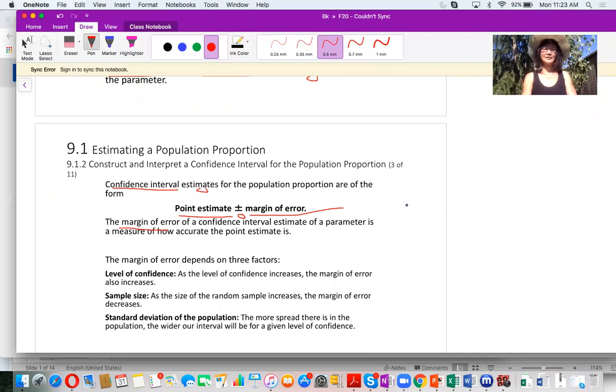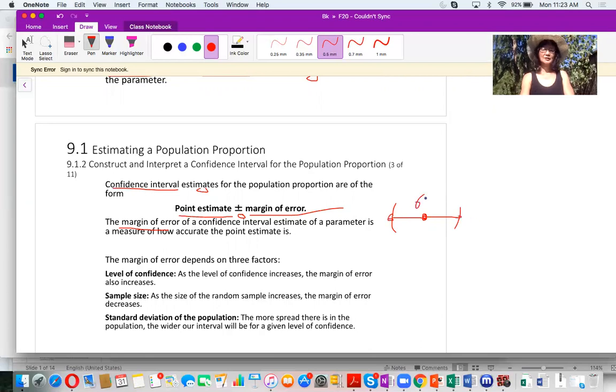Using a graph, if this is the point estimate, and based on it you get a confidence interval from this number to this number.